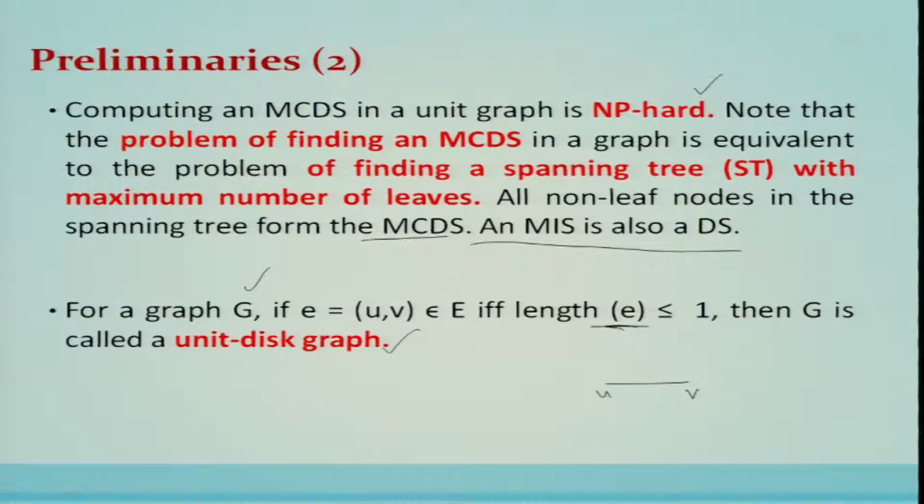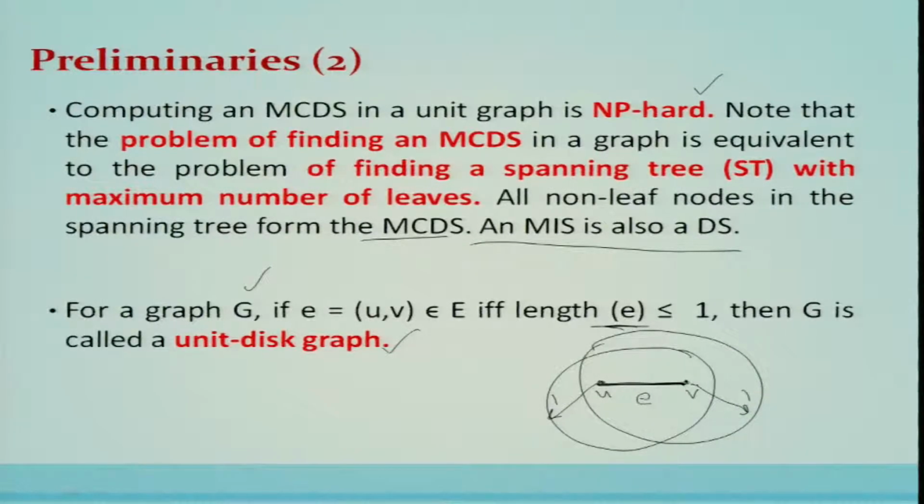If U and V have an edge, and we draw a disk of radius 1 here and also here, then you see this particular length is less than 1. If such edges are formed in the graph, then this graph is called a unit disk graph, where the lengths of these edges are less than 1.